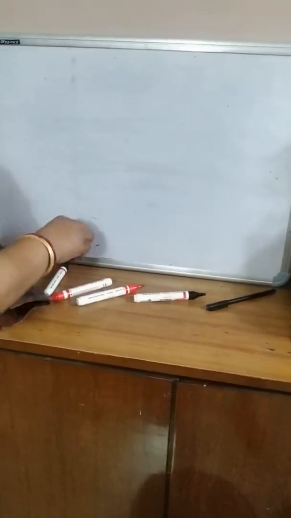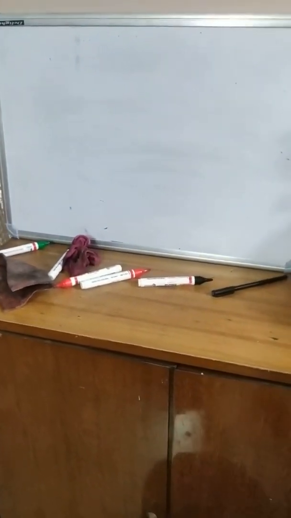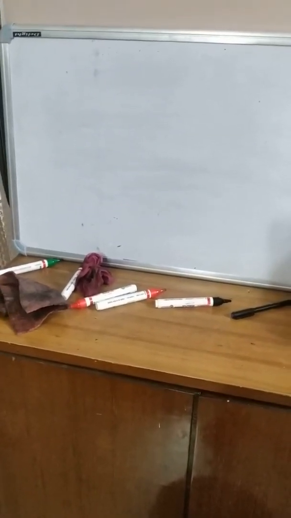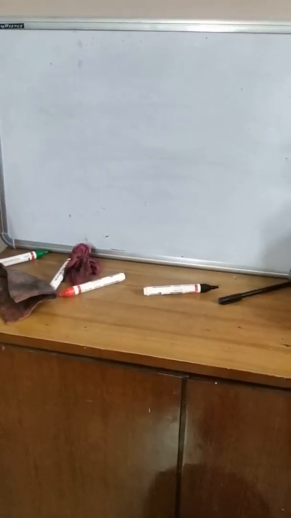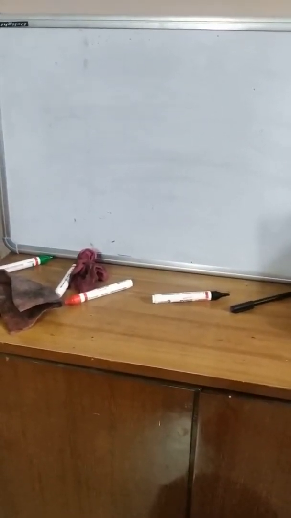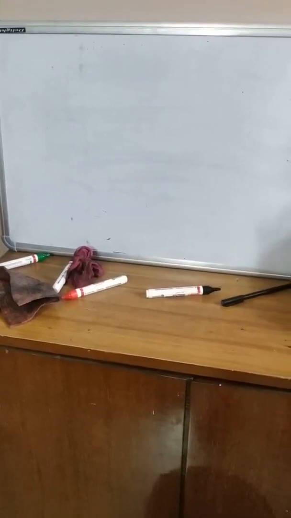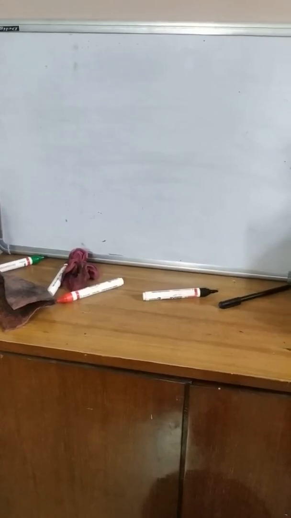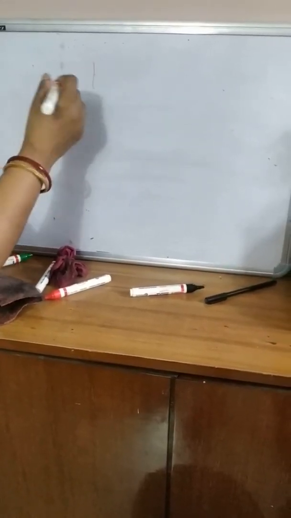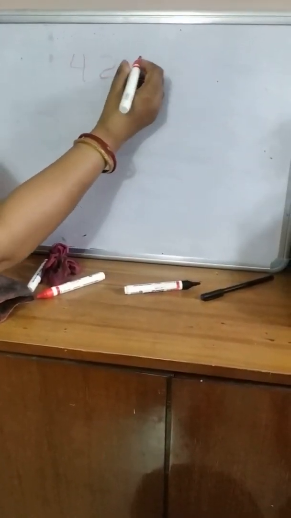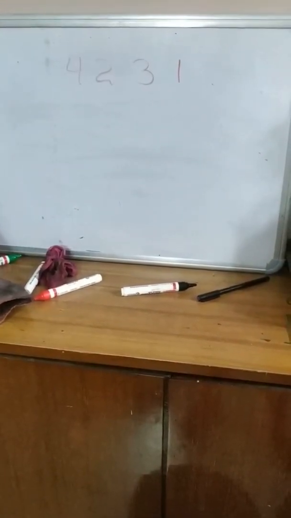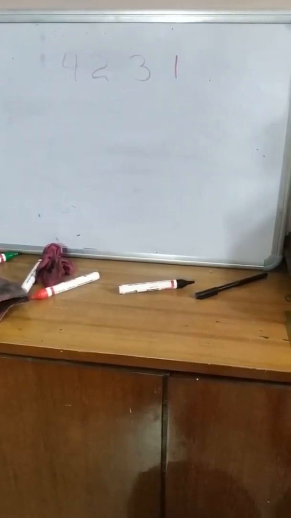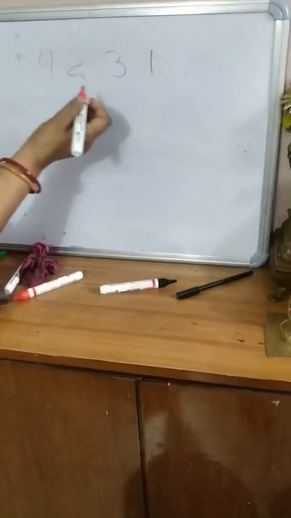So here all of you see how I am going to represent this number: 4, 2, 3 and 1. What is the place value of this 1?